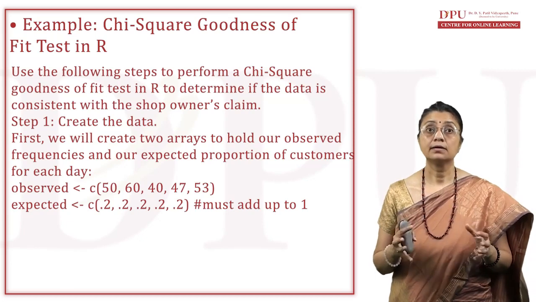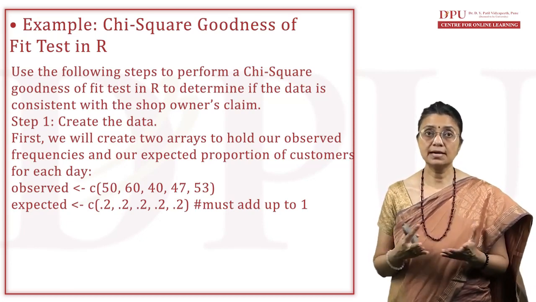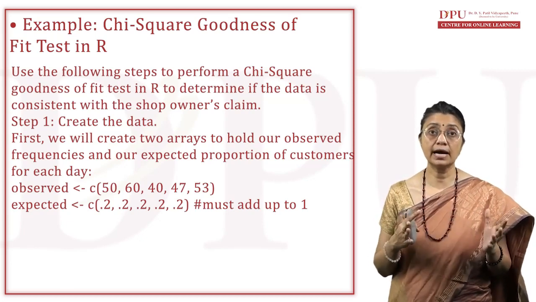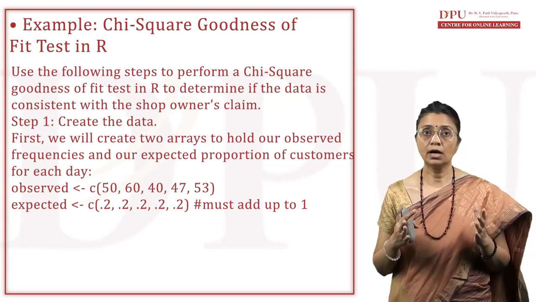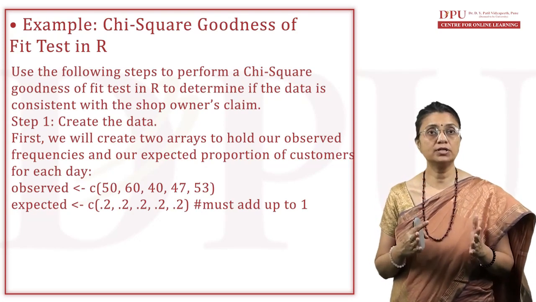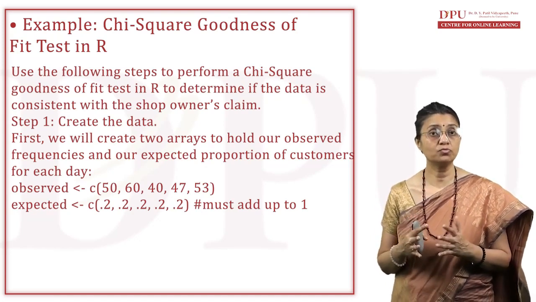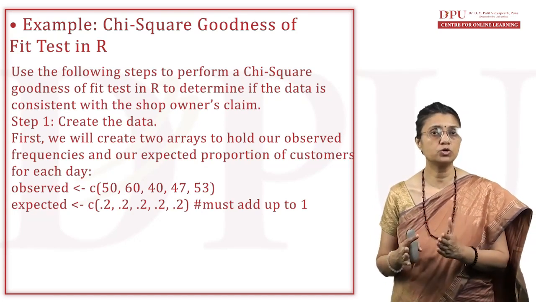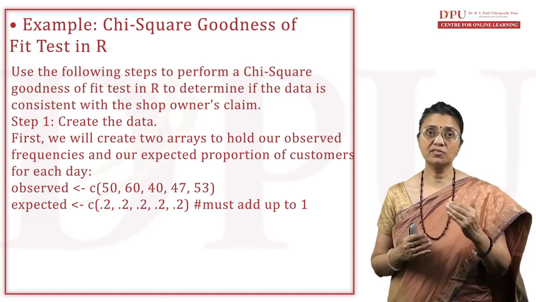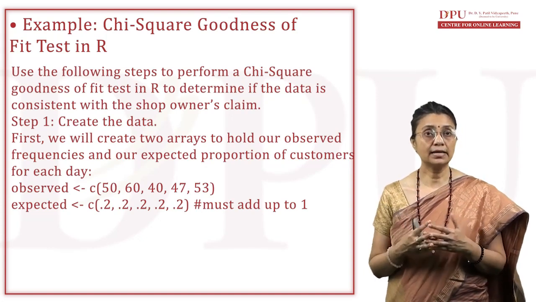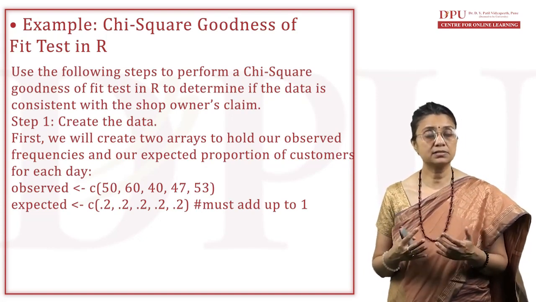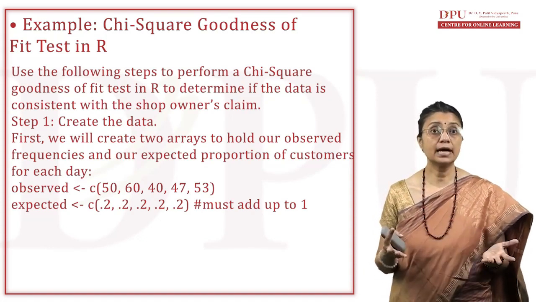Expected is that it is the same for all the days, which means it must add up to 1. 1 means 100%. So now the expected value becomes 0.2, 0.2, 0.2, 0.2, 0.2, which comes to 1. So observed is something that we have collected, and expected is something that the shop owner is claiming, that it is equal for all the days. So it must add up to 1.